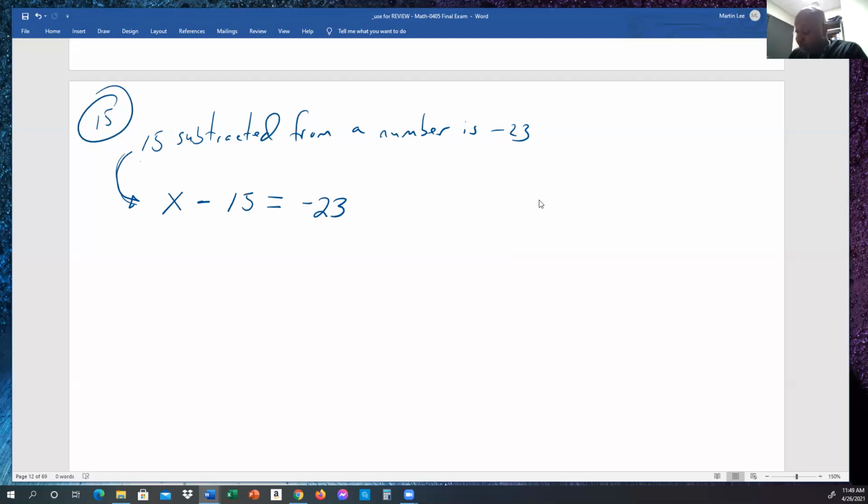And once we have this equation, we solve this for x by adding 15 to both sides. And so I get x is equal to negative 23 plus 15, which gives me negative 8. And x equals negative 8.